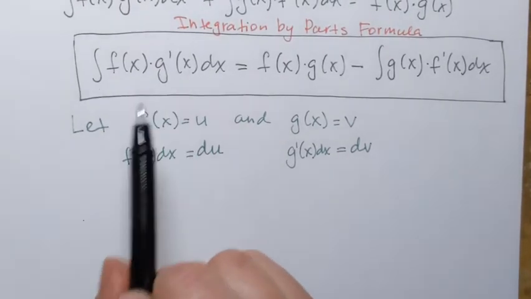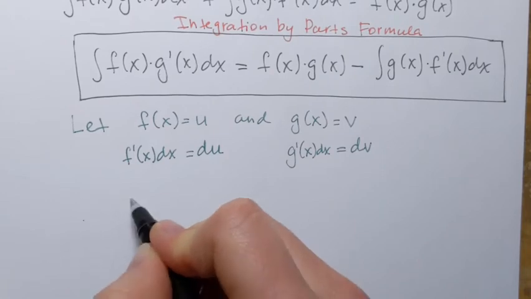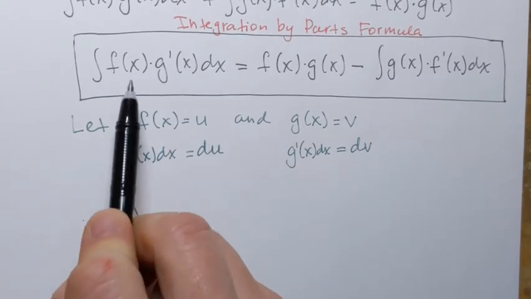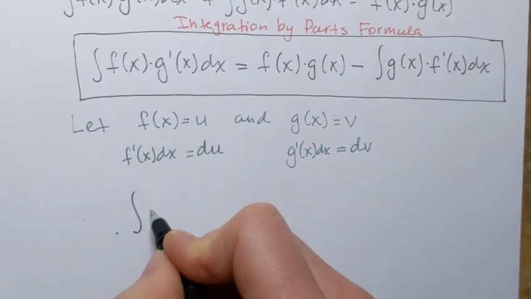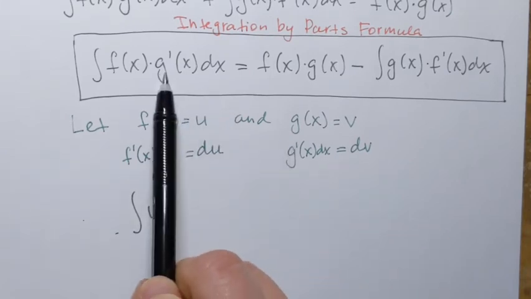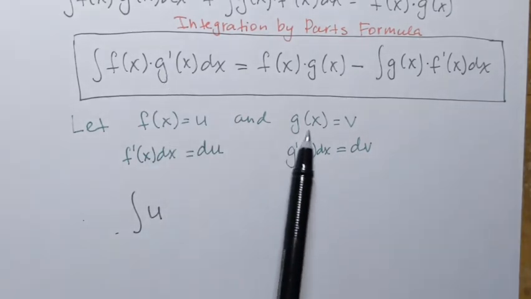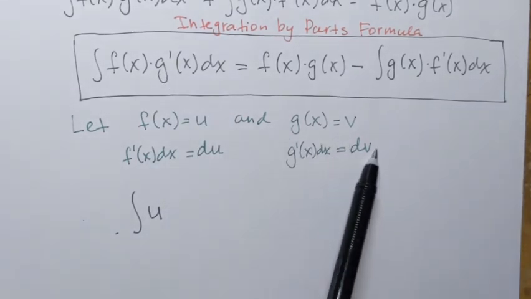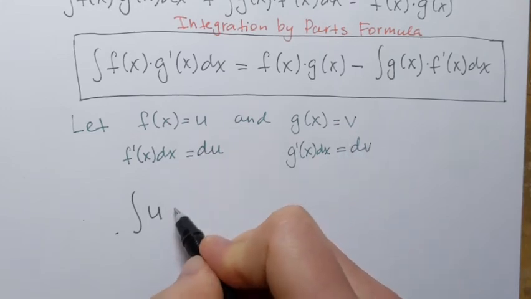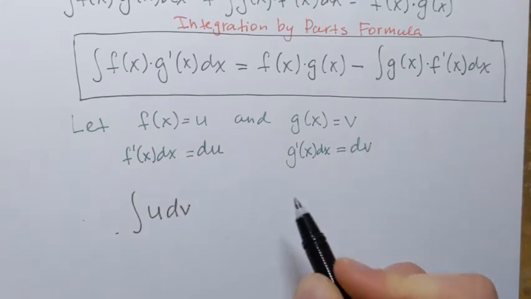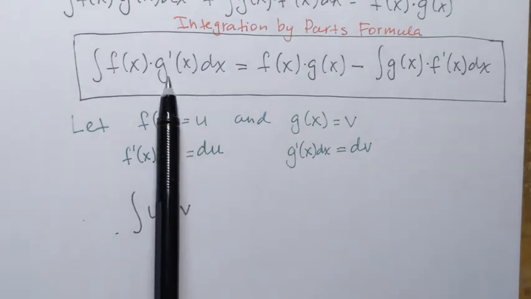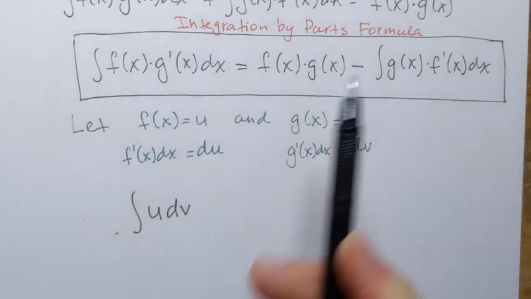So on the left hand side of the formula, I have the integral, then f of x I'm replacing with u. Now g prime of x dx, it's right here, I will replace with dv. So in other words, that's where we have the derivative of function g, right?